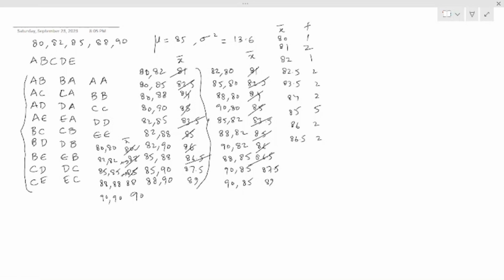Then 87.5, again 2 is the frequency. Then we have 88 in order, occurring once. And then we have 89 twice. And then 90 comes up once in the list. So this is how we get 25 samples.